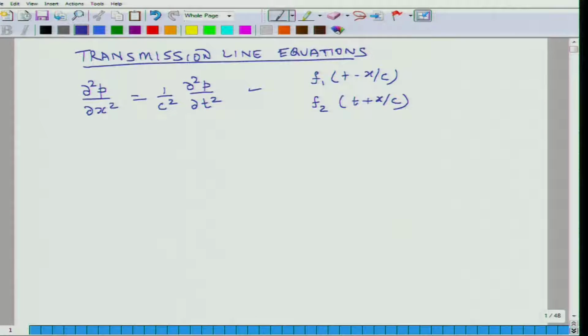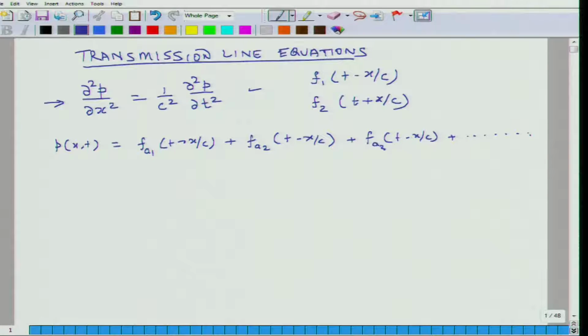the most general solution for this pressure wave equation, we could write as P of x and t equals FA1 of t minus x over c plus FA2 of t minus x over c plus FA3 of t minus x over c, and I can go on for an extremely large or infinite number of terms.